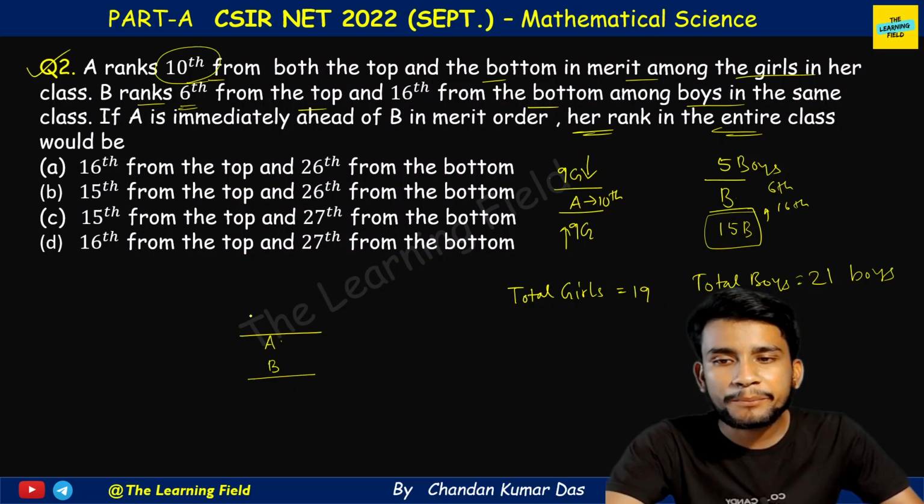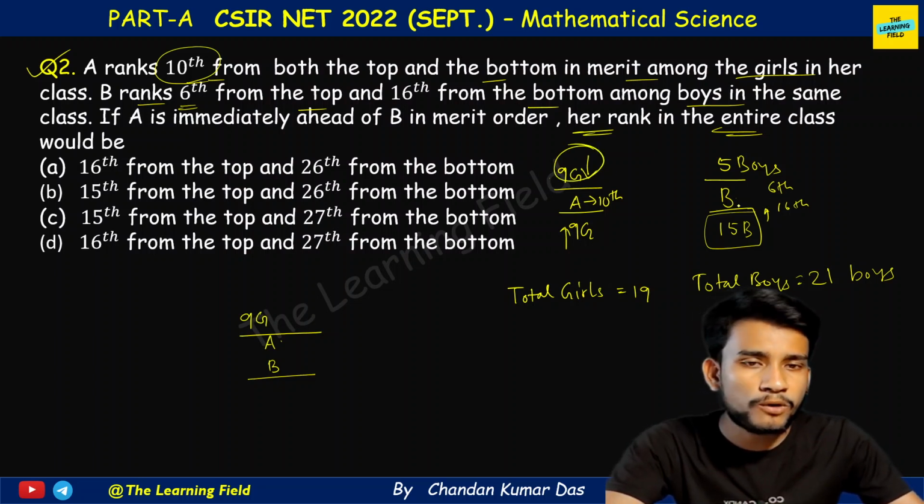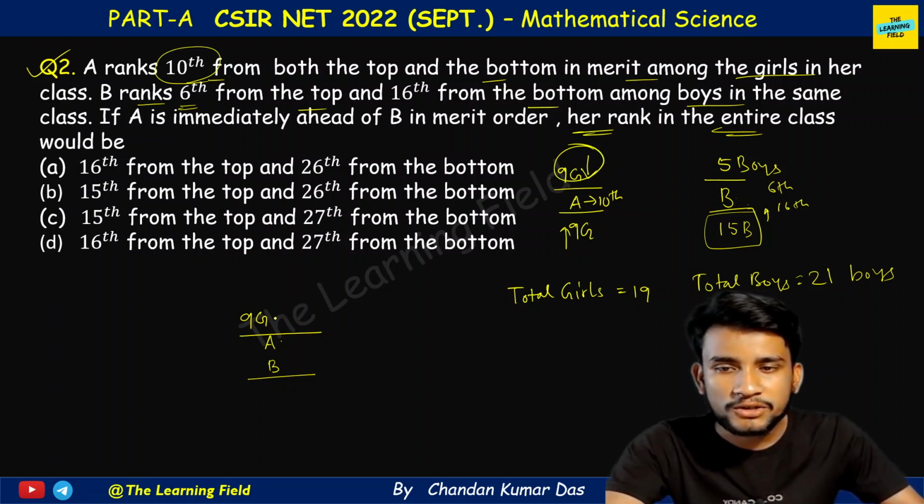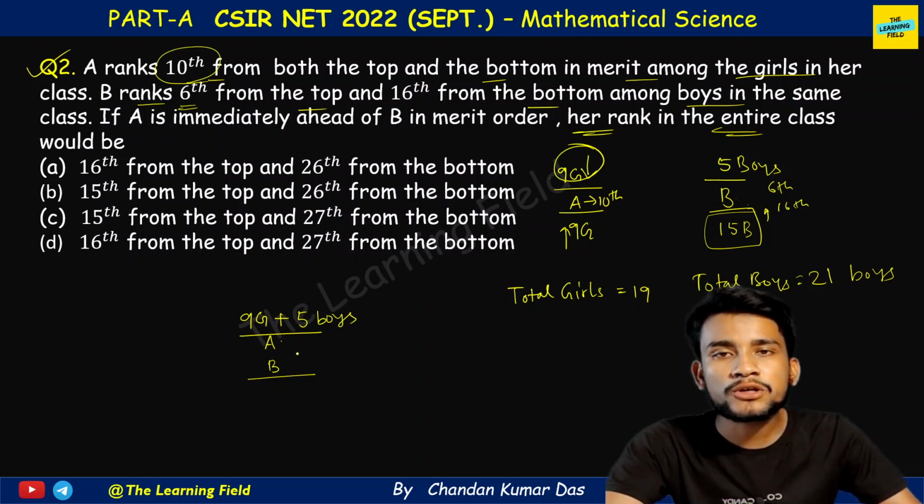Therefore, before A we have already 9 girls, and before B we have 5 boys. So 9 girls plus 5 boys before both of their rankings.